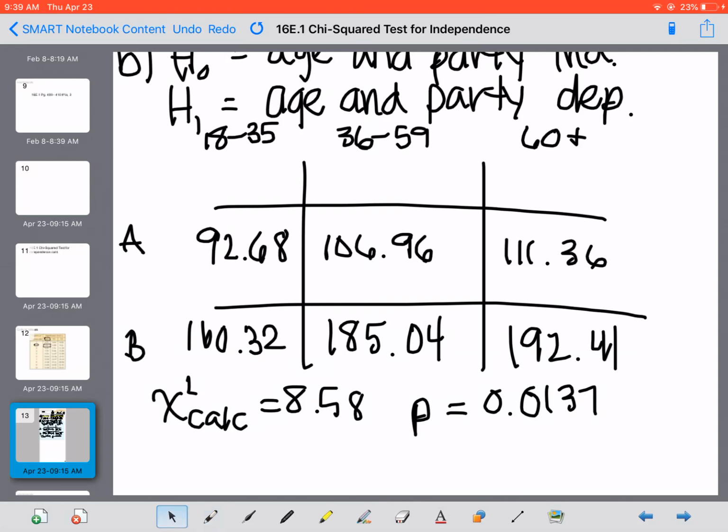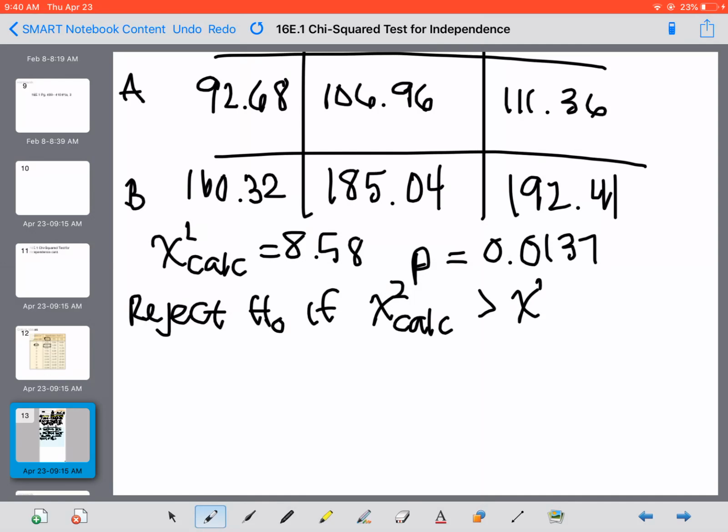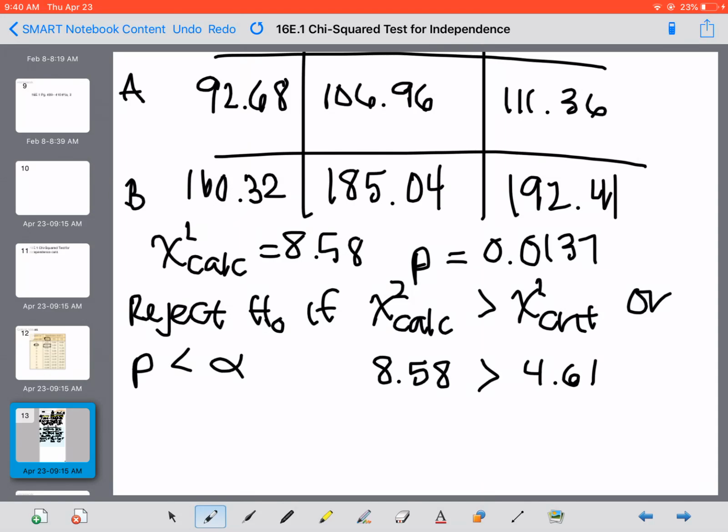Okay, so let's use that information. Remember, we are going to reject H sub 0 if chi-squared calc is greater than chi-squared crit, or if p is less than alpha. Our chi-squared calc was 8.58, and our critical value was 4.61, and 8.58 is greater than 4.61.